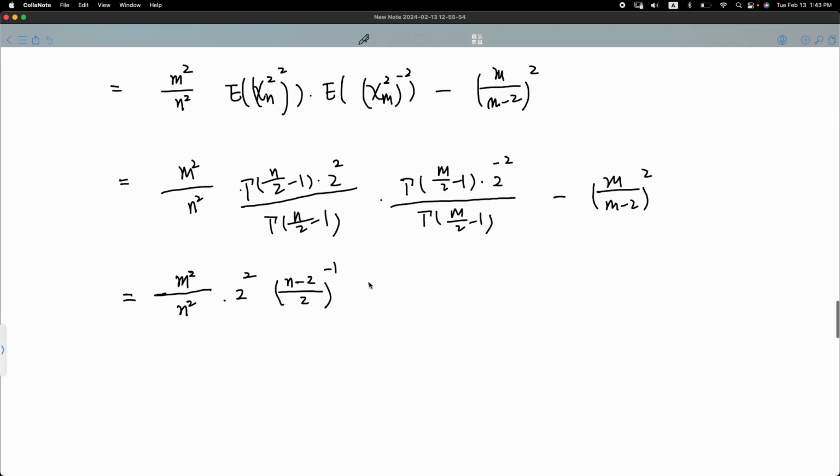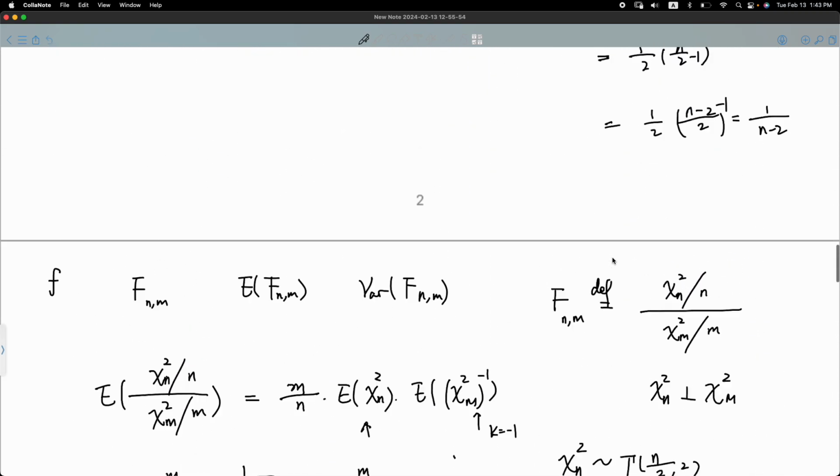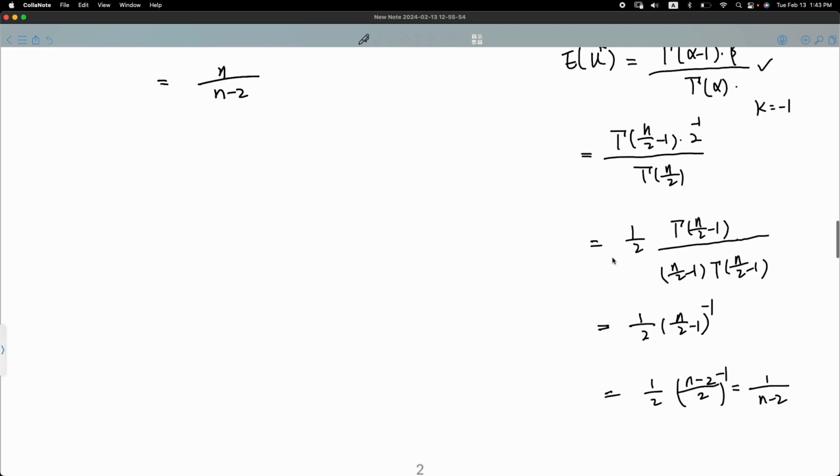And here m minus 2 over 2 raised to the power of negative 1, but the 2 here is raised to the power of negative 2, and then minus m over m minus 2 squared. Okay, because I don't have the solution, so before we proceed, let me just double check in case I have any typo.